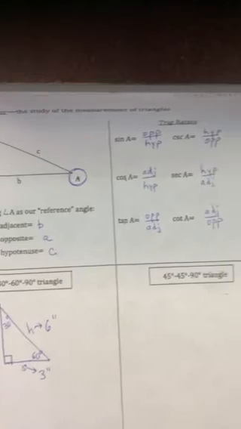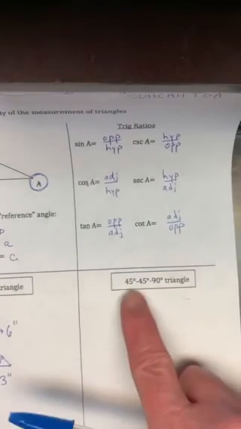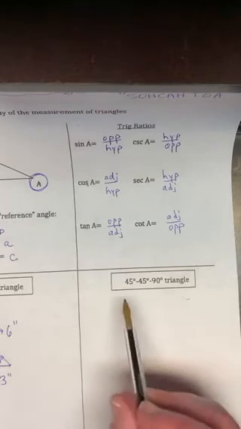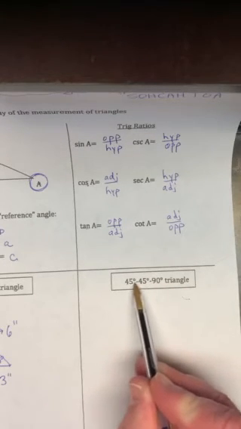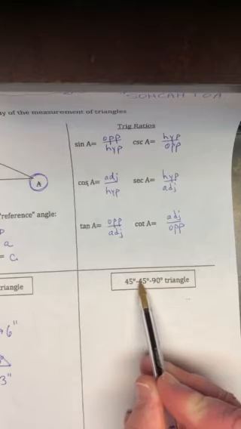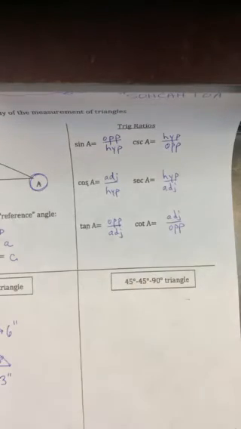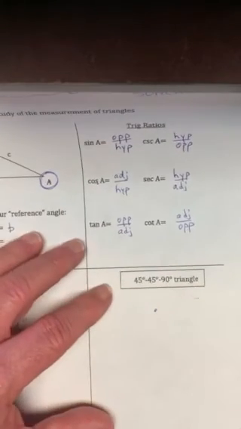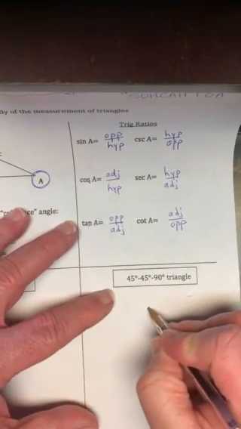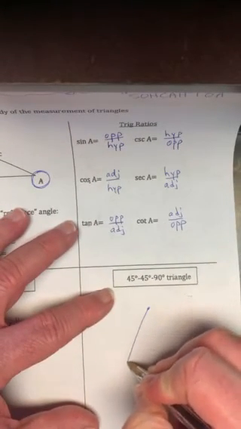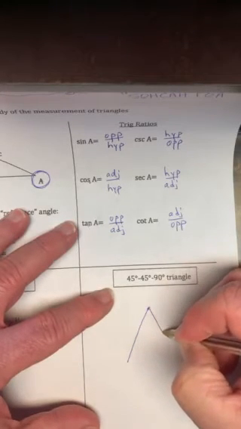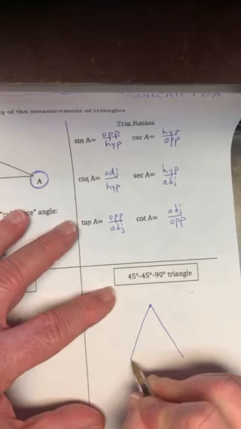And then the other special triangle was a 45-45-90 triangle. Obviously, if two angles are the same size, you're going to predict that two sides will be the same size. So draw a nice, neat isosceles triangle. Remember that word? Where this side on the left is the same size as that side on the right.